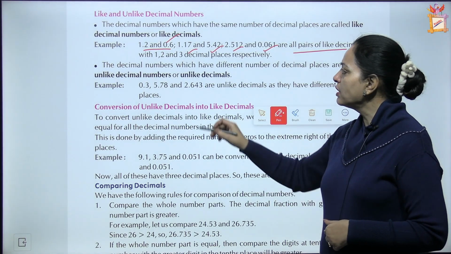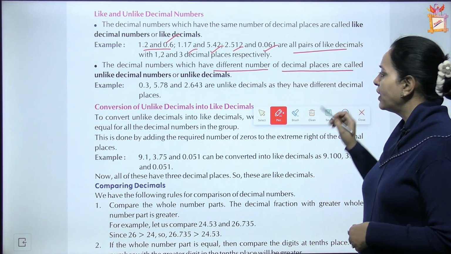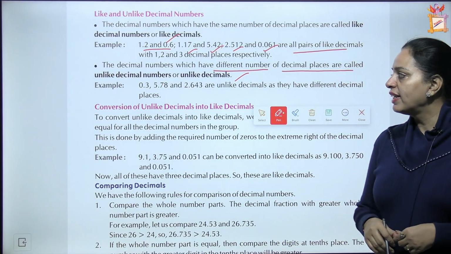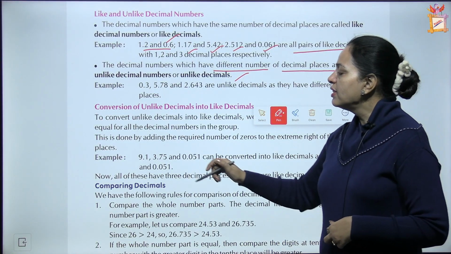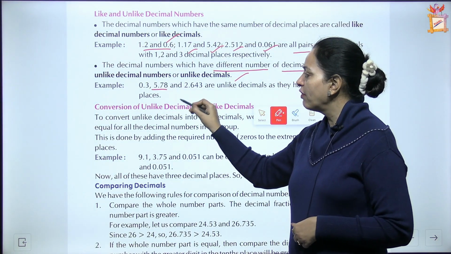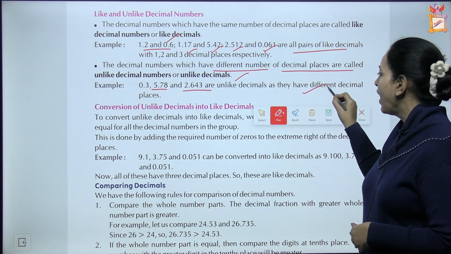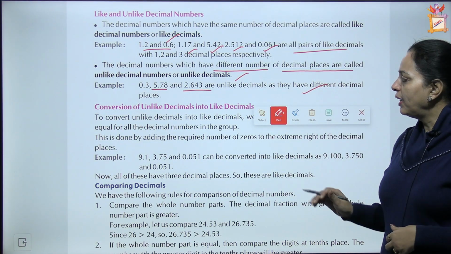Now the decimal numbers which have different number of decimal places are called unlike decimal numbers or unlike decimals. Example, 0.3, 5.78 and 2.643 are unlike as they have different decimal places.